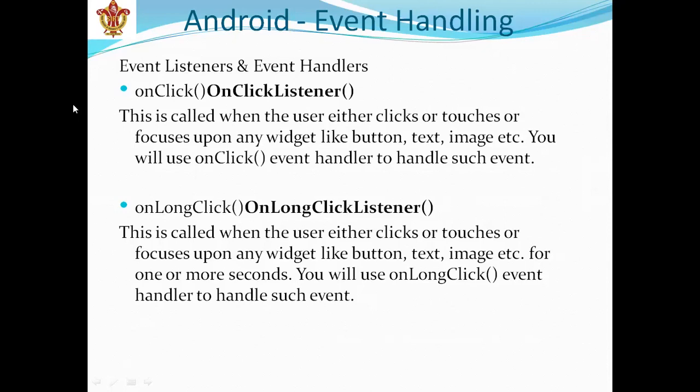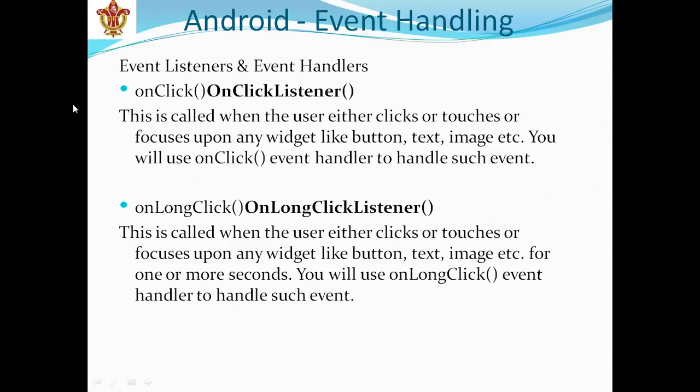Next we will see the on long click listener. What is the long click listener? This is called when the user either clicks or touches or focuses upon any widget like button, text, images, etc., same as the on click listener, but for 1 or more seconds.